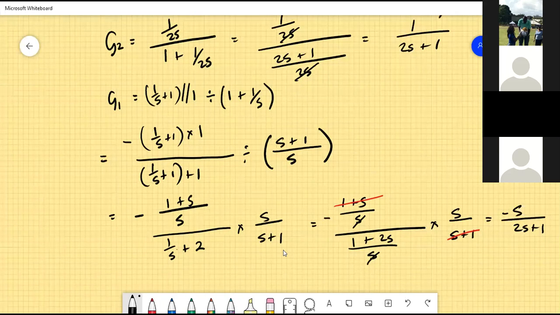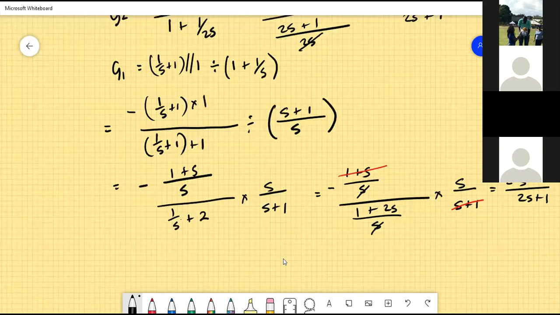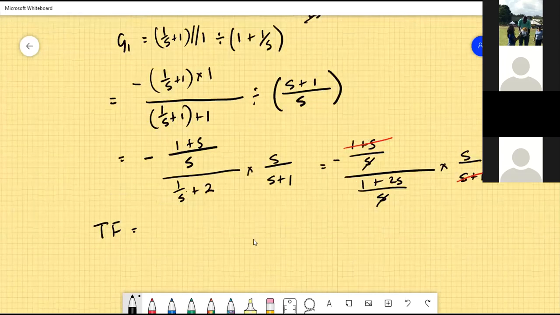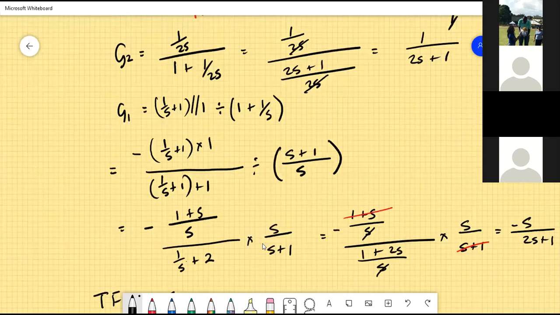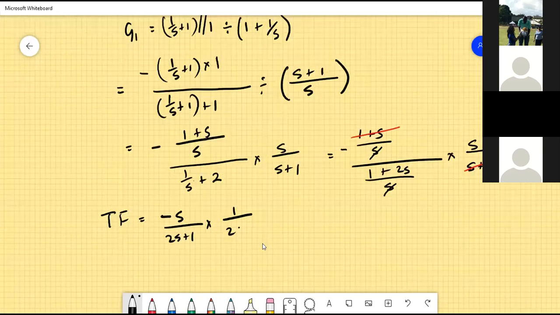So the transfer function is equal to G1, which is minus s over 2s plus 1, times G2, 1 over 2s plus 1. So it's equal to minus s over 2s plus 1 squared. That's the transfer function.